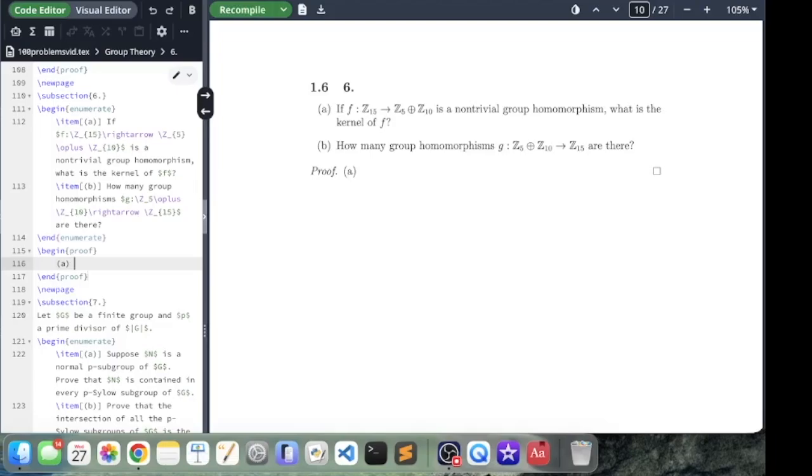And so we're definitely going to use the first isomorphism theorem. So maybe we'll just get the phrasing out of the way.